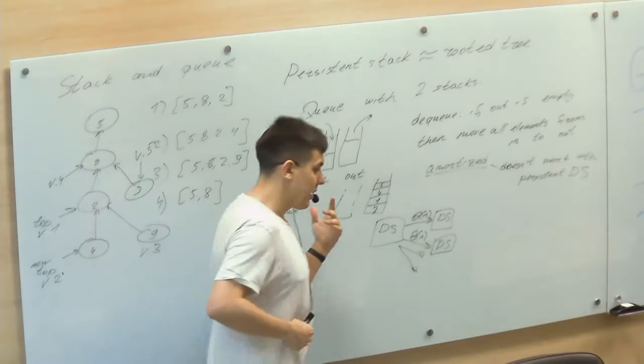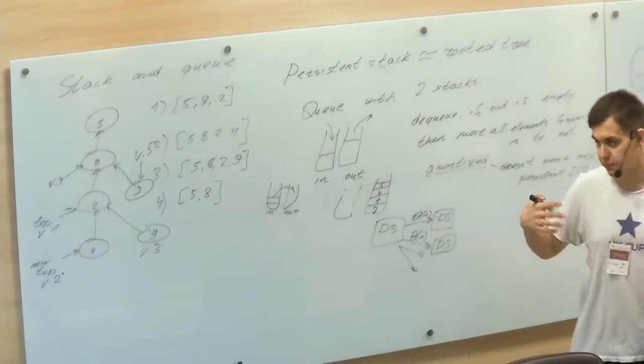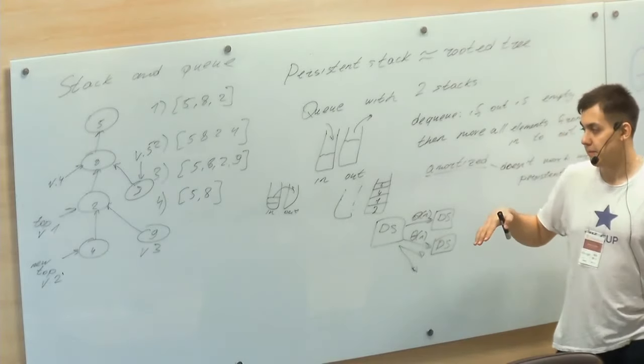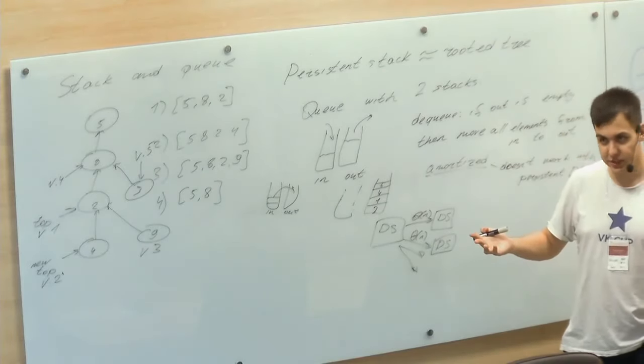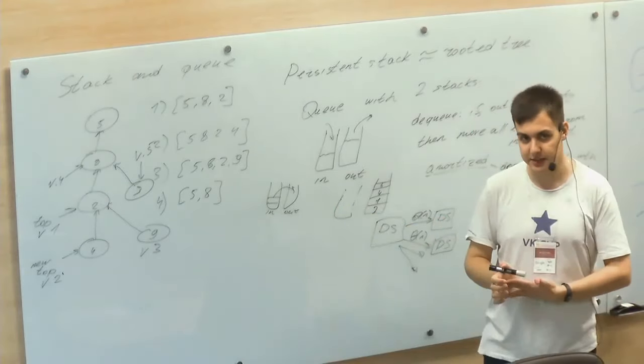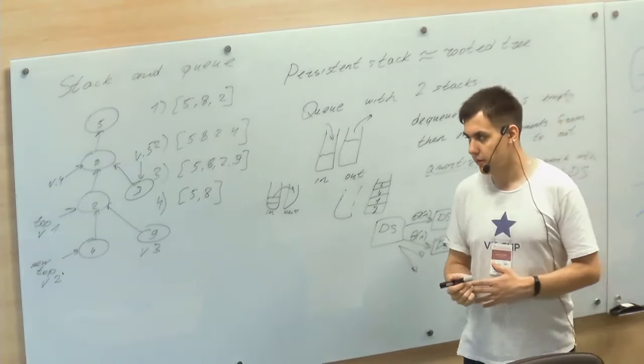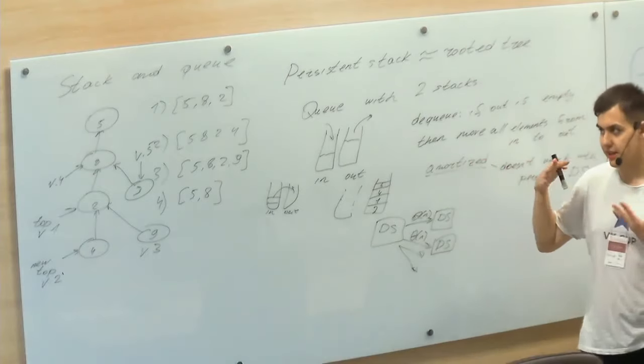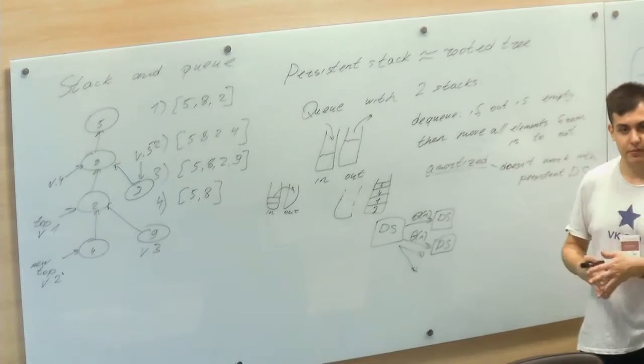We're not delaying those operations, but we'll have to do them with different stacks this time. So that's the basic idea of how this works. You can read it somewhere.